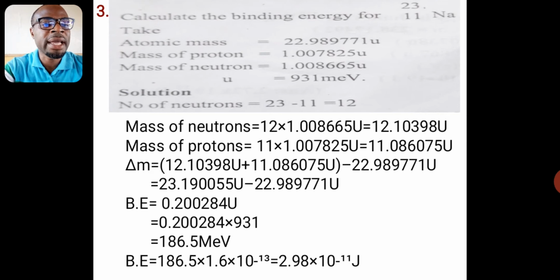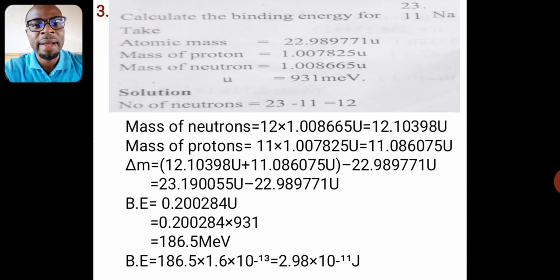The atomic mass, which is 22.989771 U. Under that, the mass defect becomes 23.190055 U minus 22.989771 U, and the answer to that becomes our binding energy.